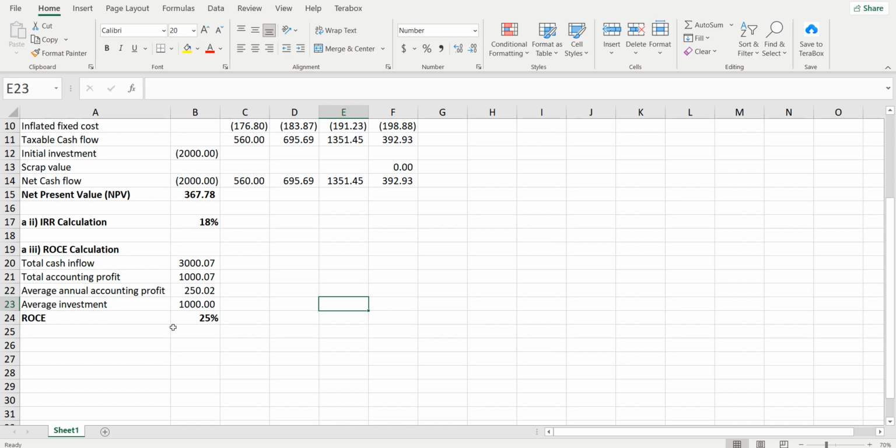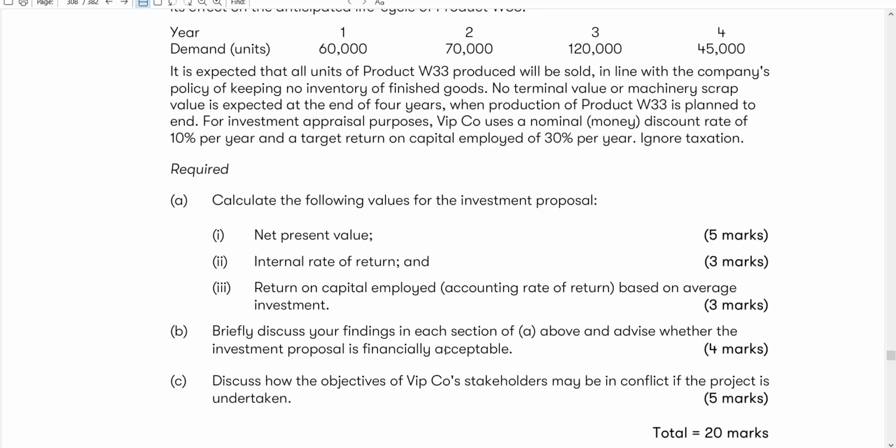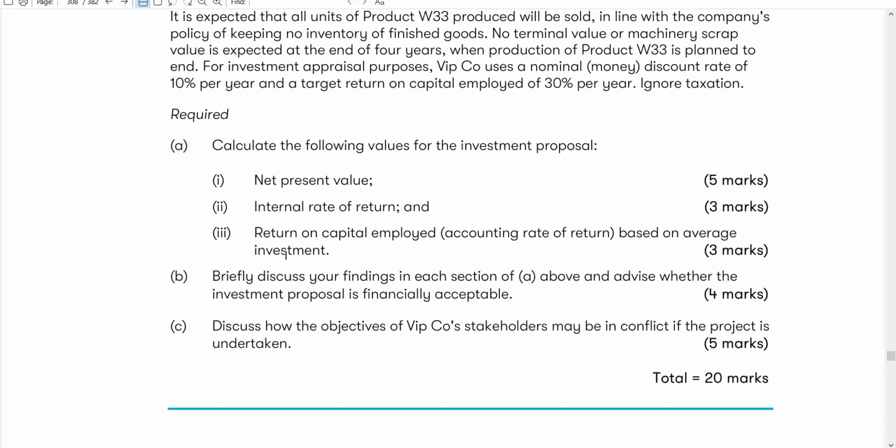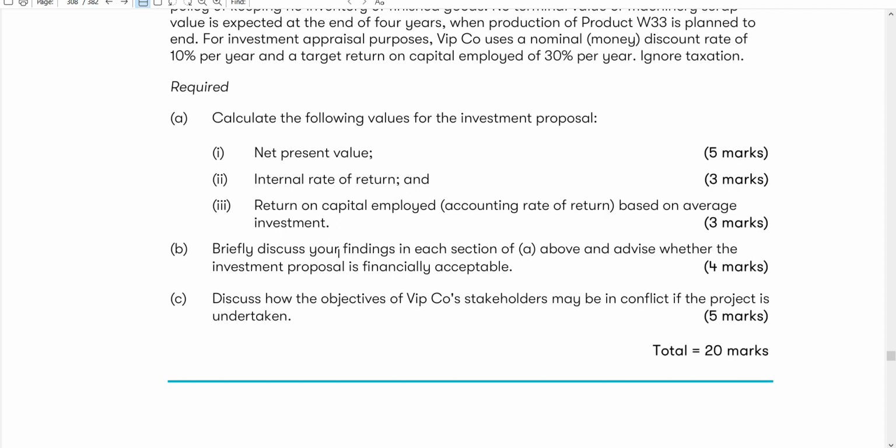Okay, so let's move to the next question. Okay, so this is done. Now this is interesting. Briefly discuss your findings in each section of section A above and advise whether the investment appraisal is financially acceptable. So interesting question.